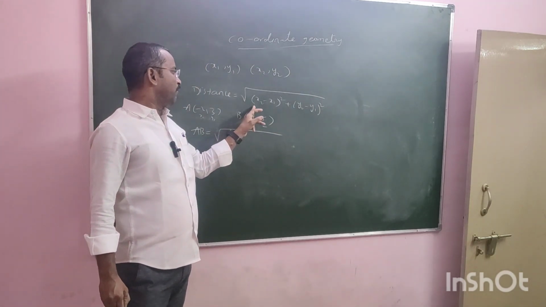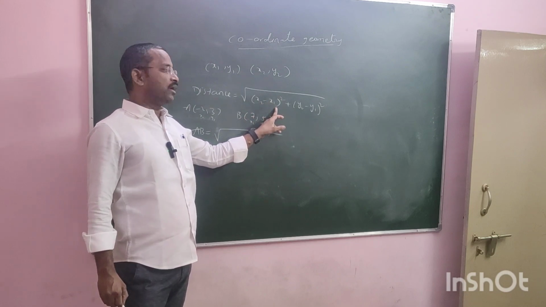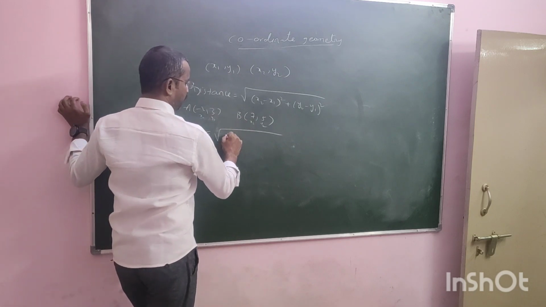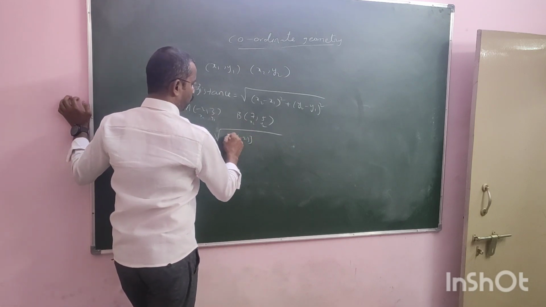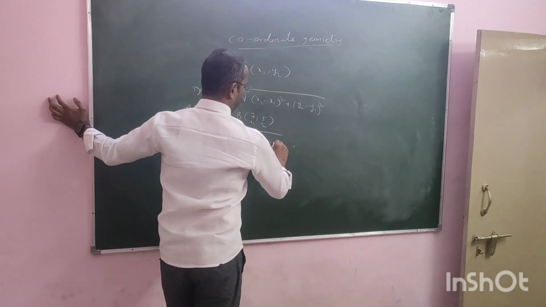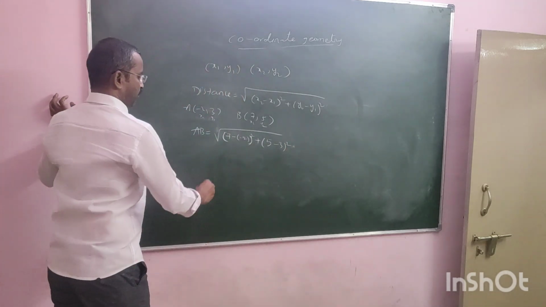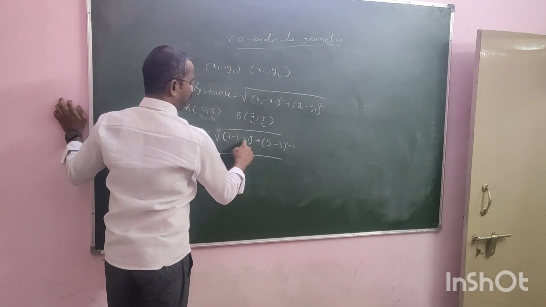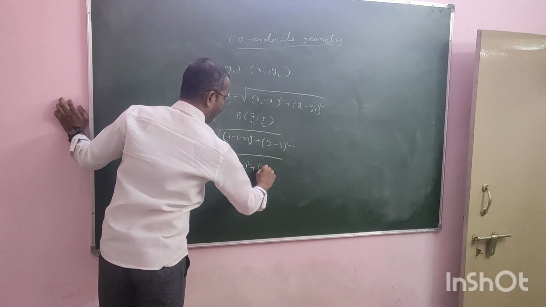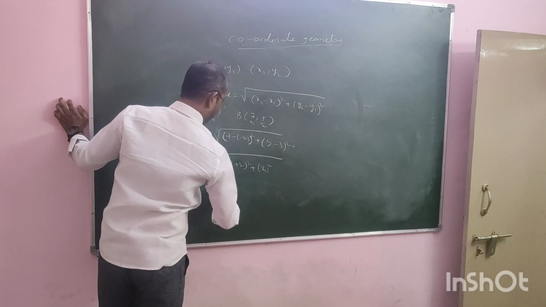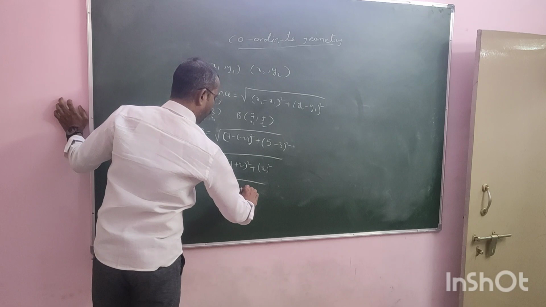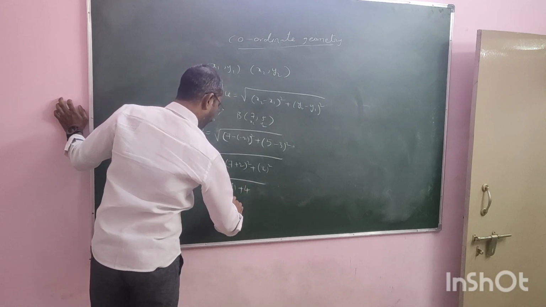As per the formula, (x2 minus x1) whole squared, or you can also write (x1 minus x2) whole squared. x2 minus x1, 7 minus of minus 2, whole squared, plus (5 minus 3) whole squared, so the square root of (7 plus 2) whole squared plus (5 minus 3) whole squared. 5 minus 3 is 2, 2 squared is 4. 7 plus 2 is 9, 9 squared is 81. So the square root of 85.